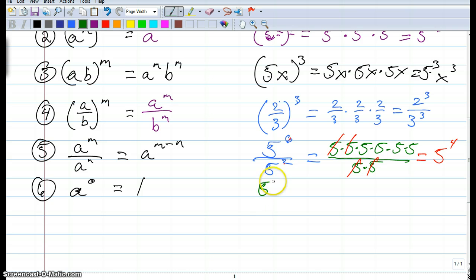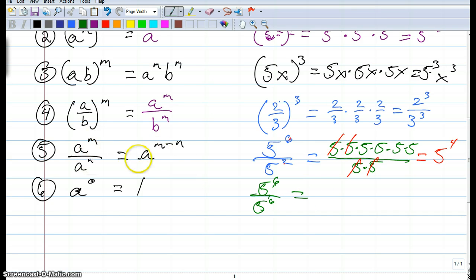Let's talk about 5 to the 6th power divided by 5 to the 6th power. We could list out a bunch of 5 times 5 times 5 times 5 over 5, 5, 5, and you'll see they'll all cancel. Or think of it this way. Something divided by itself is always 1, right? 6 divided by 6 is 1. 5 divided by 5 is 1. x divided by x is 1.